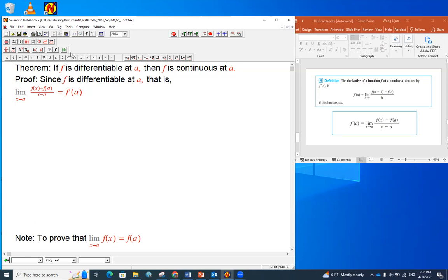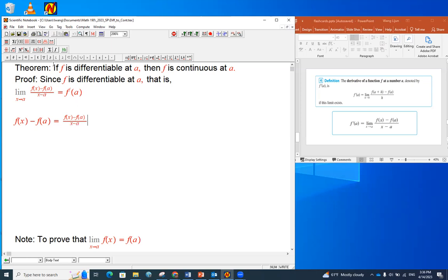This algebraic manipulation goes like this. f of x minus f of A is the same as f of x minus f of A, but we're going to divide something. So we use principle number 1, multiplying by 1.